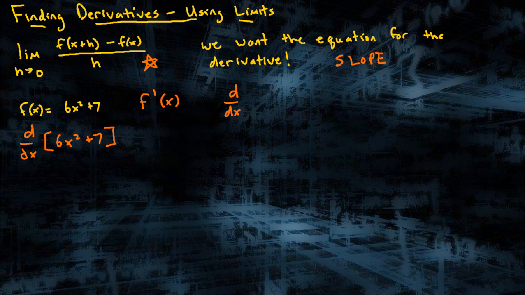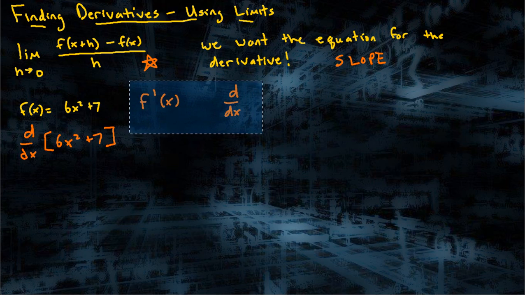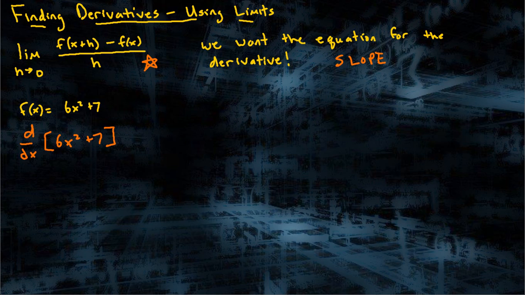So what we're going to do is actually use limits in order to do that. I'm going to do the limit as h approaches 0 of f of x plus h minus f of x all over h.